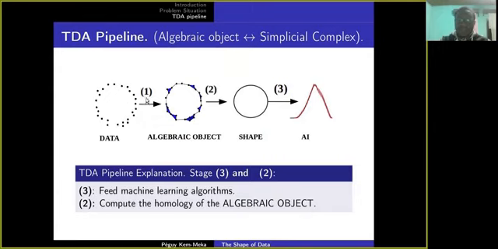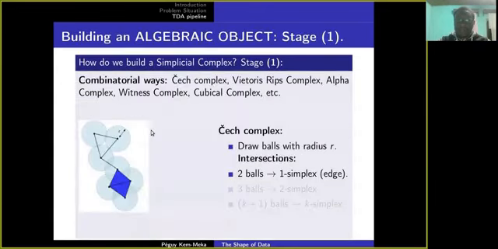In this pipeline, the more difficult part is moving from data to algebraic object. But there are several algorithms like Čech complex, Vietoris-Rips complex, alpha complex, Witten complex, cubical complex. But here I will limit myself to the explanation of the Čech complex. We always start with data, here corresponding to 1, 2, 3, 4, 5, 6, 7 data points.